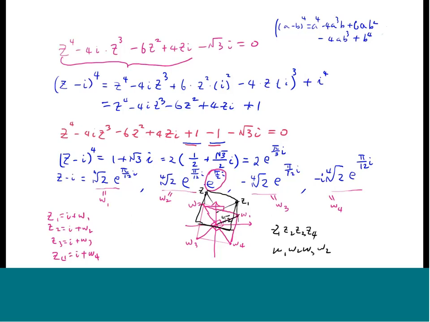So the area is square root of 2 times square root of 2, and the final answer is 2 square root of 2. Okay, make sense?